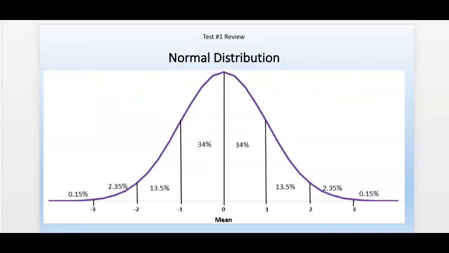This is a very important graphic to understand. One standard deviation away from the mean: there's 68% of the data, 34% on each side. And if you go 2 standard deviations away from the mean, there's 95% of the data right here between 2 standard deviations of the mean.